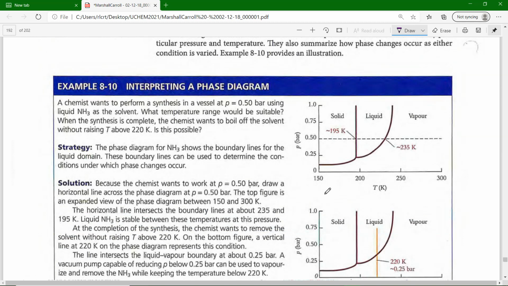Here in example 8.10, we have a synthesis in which a vessel at 0.5 bar, so that's over here, uses liquid ammonia as a solvent. What temperature range would be suitable? So I guess between 195 and 235, right? Because then it's a liquid.